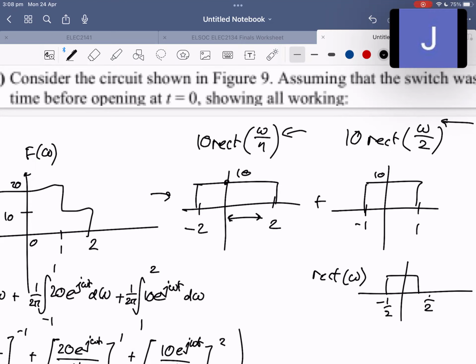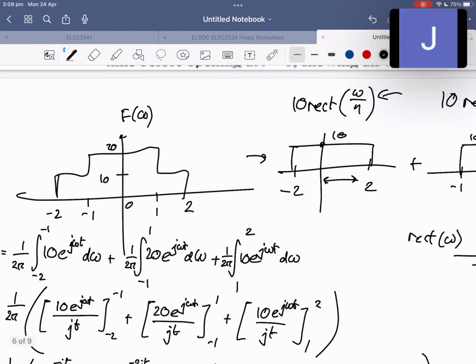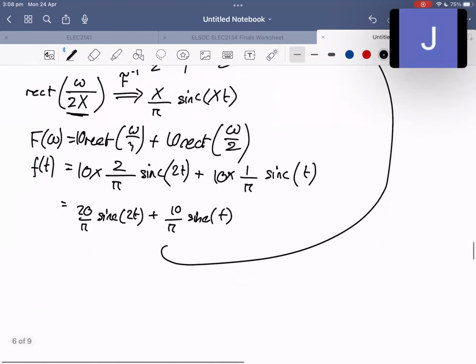So that's one context in which this function would be used. It's used very widely in signal processing, and that's why it's important to know Fourier transforms.